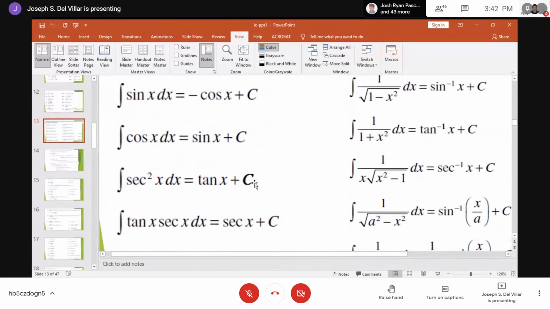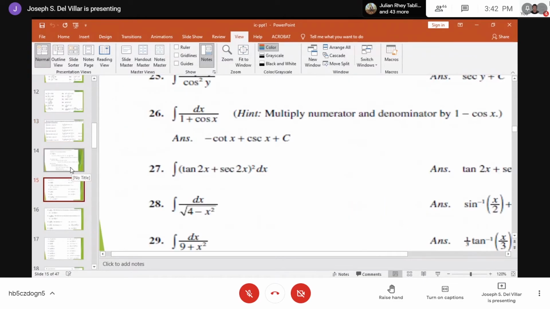So you can now apply. Ano yung pwede nyo i-apply? T10 po, sir, yung cosecant u cotangent u du equals negative cosecant u plus c. Okay. So that is negative times negative kaya naging positive. Okay?